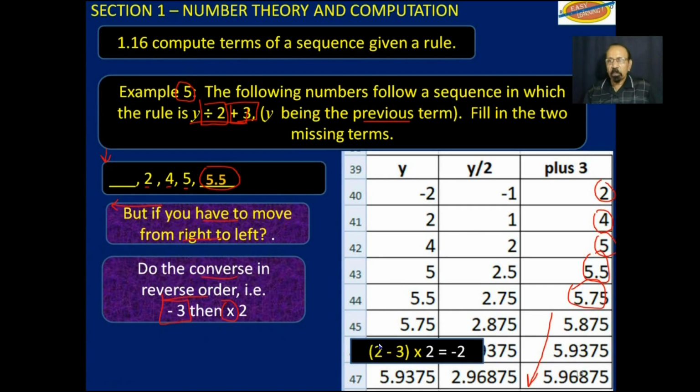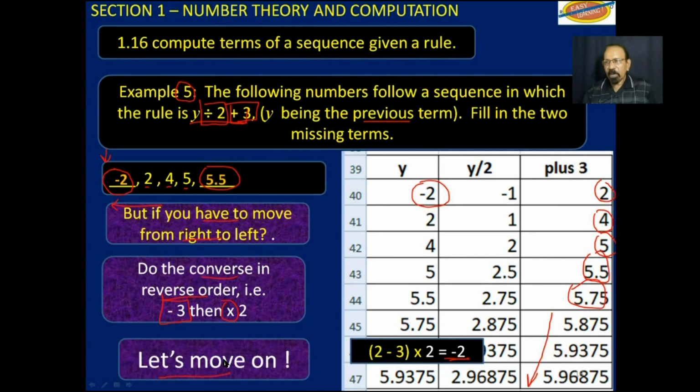So if we take 2, subtract 3, we will get minus 1 or negative 1. Multiply that by 2, we will get negative 2, which is this answer here, which is the one we got here using the computer. But you don't have a computer to use if you are doing paper 1 in the exam. So you have to work it out.